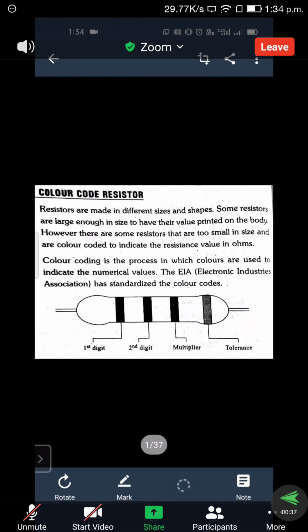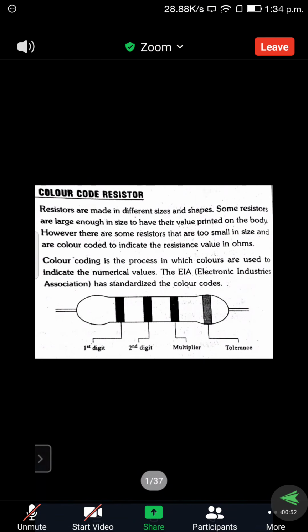Then the important topic is the color coding of resistors. Carbon composition resistors are very small in size, so because of that reason, color coding is used. That is authorized by the EIA, Electronic Industries Association.